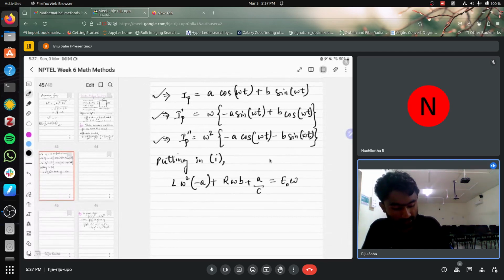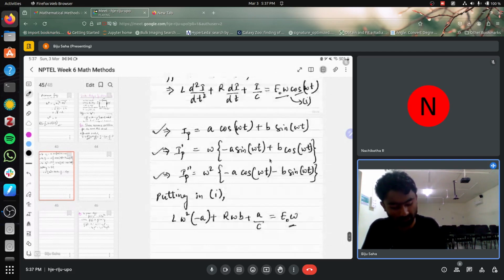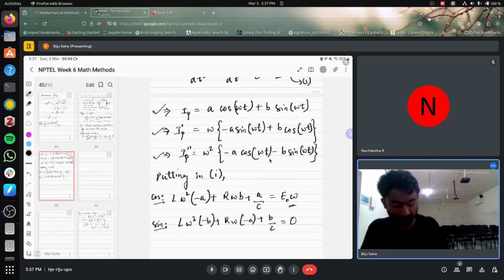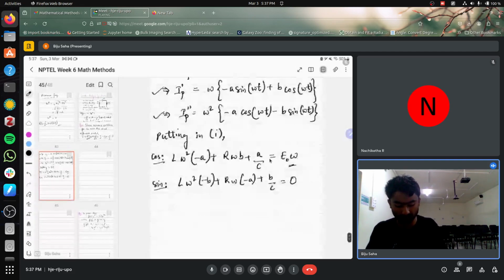E naught omega was appearing here, and this is the coefficient of cosine. Now the sine part: since there is no sine term on the right hand side, this sine term is equal to 0.